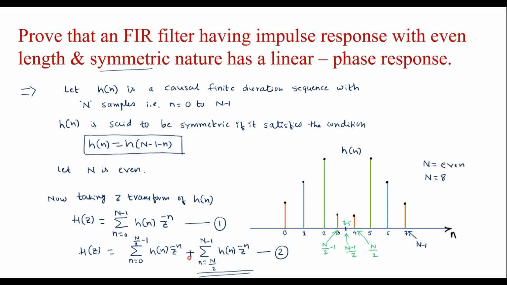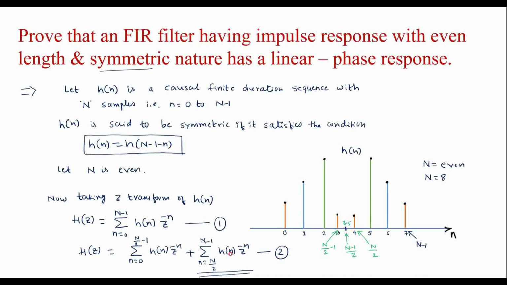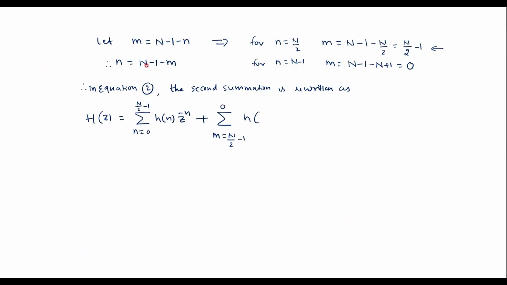In the second summation, instead of using the n variable, I will use m, that is m is equal to, the lower limit is N by 2 minus 1 and the upper limit is m is equal to 0, h of n, so n should be replaced by N minus 1 minus m, into z power minus, so n is again N minus 1 minus m.